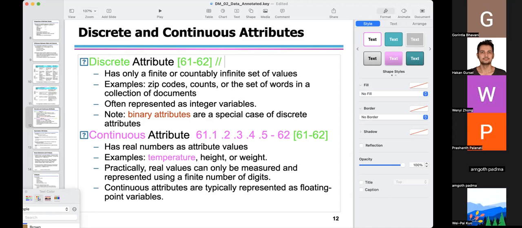That is, we are sampling this attribute. We're taking samples. We're only going to measure 61, 62, 63, the whole numbers. We don't care about those 0.1, 0.2, 0.3, 0.4, 0.5. So we're going to make the values finite by taking specific values only that we care about.